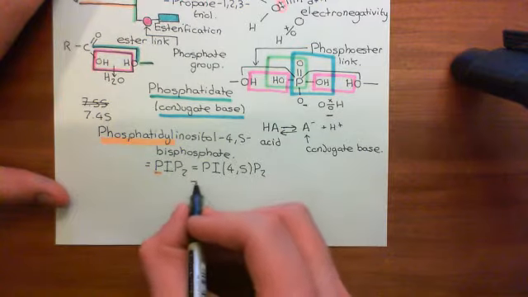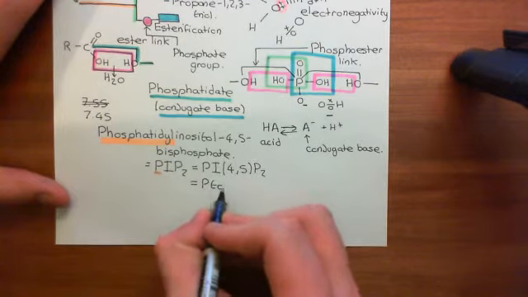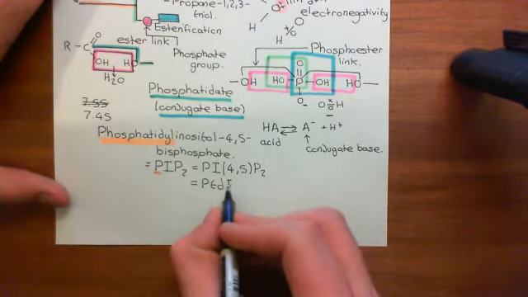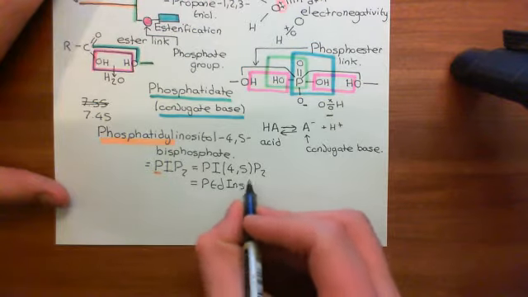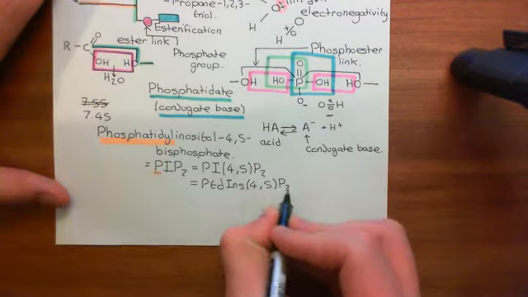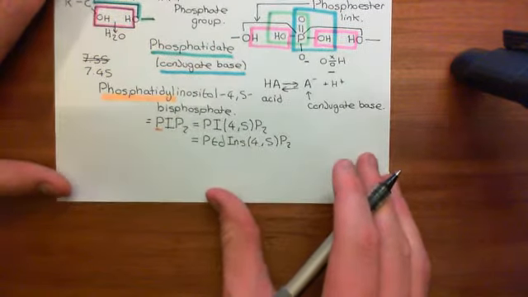Some people go even further and abbreviate this instead to PTD for phosphatidyl, and then abbreviate inositol to INS, and then 4,5-P2. So those are three names that you can see phosphatidylinositol 4,5-bisphosphate abbreviated to.